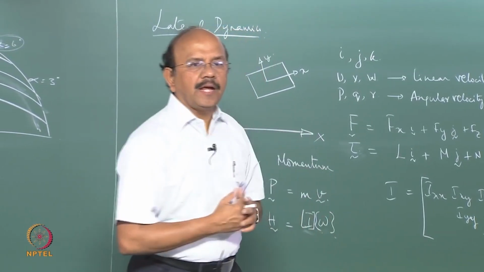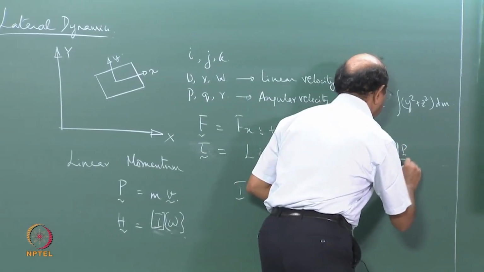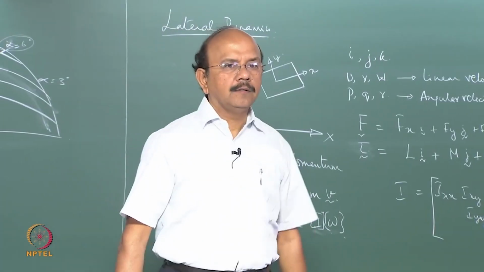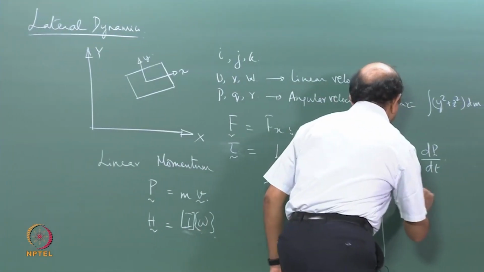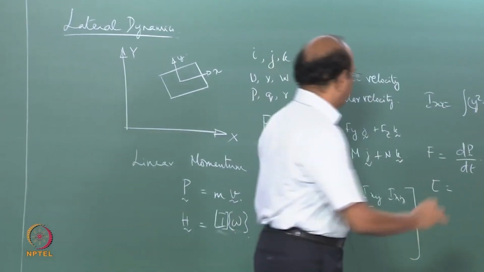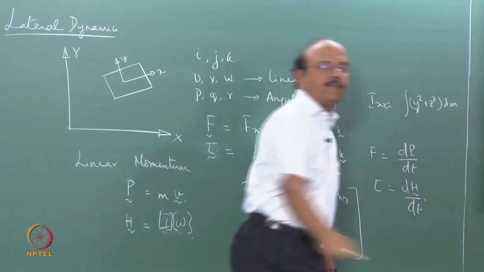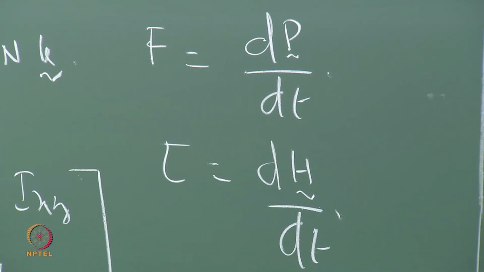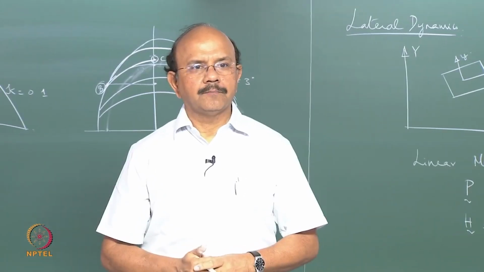So we write F is equal to the rate of change of P, where P is the linear momentum of the body. Similarly, we write tau is equal to the rate of change of angular momentum, right? So far it's very simple dynamics.